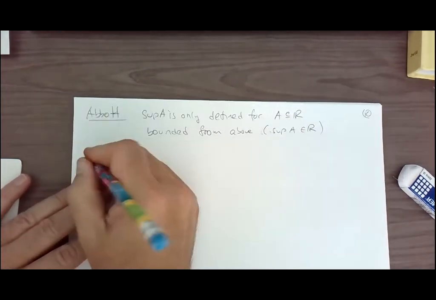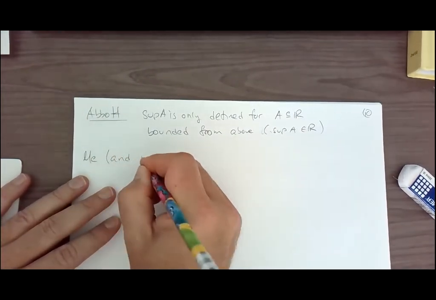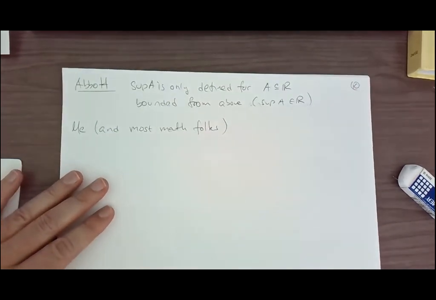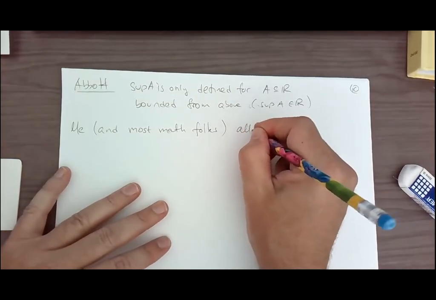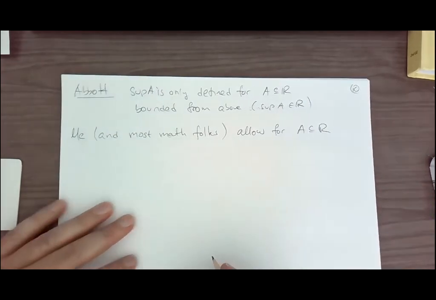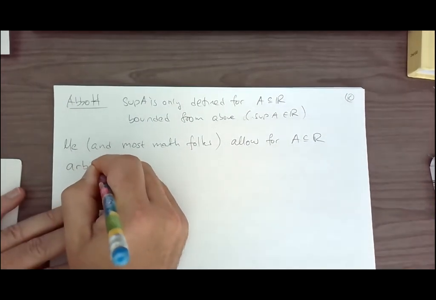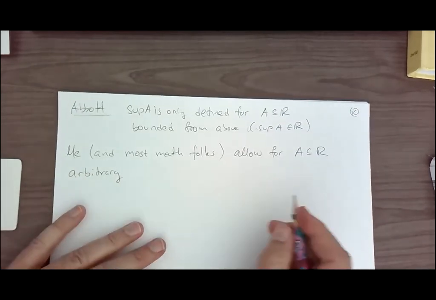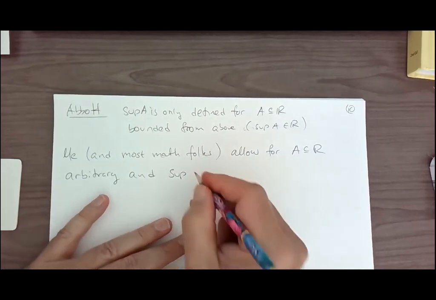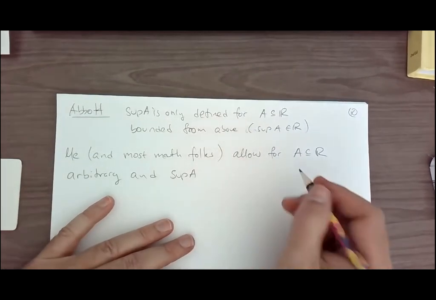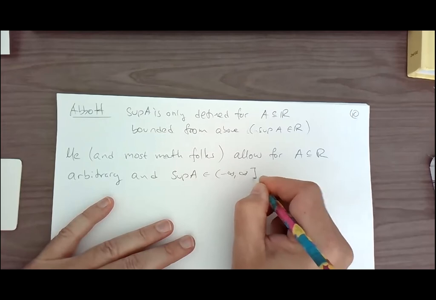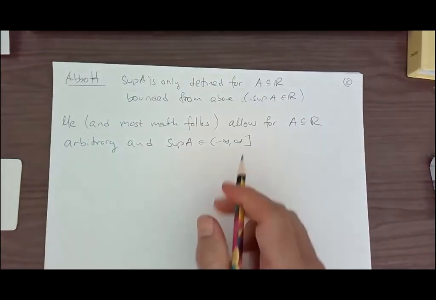Right? So me and most math folks, they allow for A arbitrary, and they allow for the sup of this set to take values in the interval up to and including infinity, right?